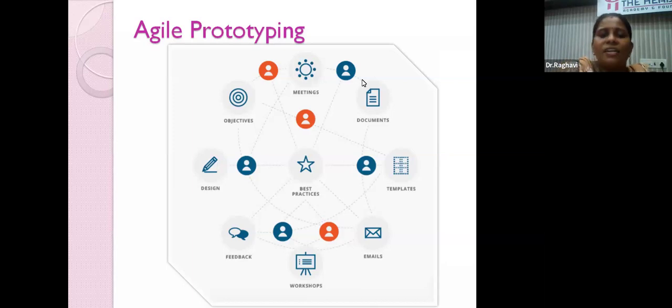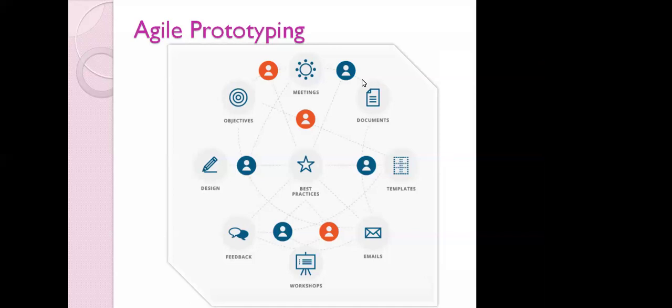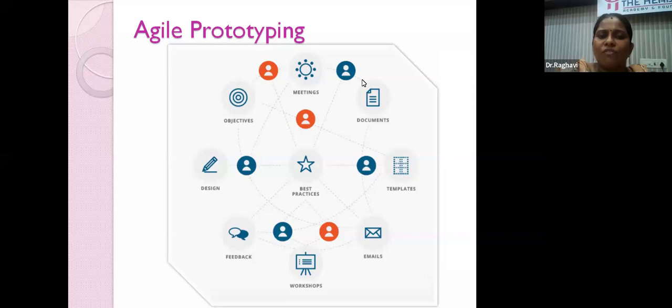There are dotted lines connecting every single thing, person to person, from the objectives to designing to giving feedback, preparing templates, documentation, whatever, through meetings, through workshops. So you jumble here and there and see this is what my client needs, and quickly and swiftly I will make a 2-minute Maggi masala for my audience.